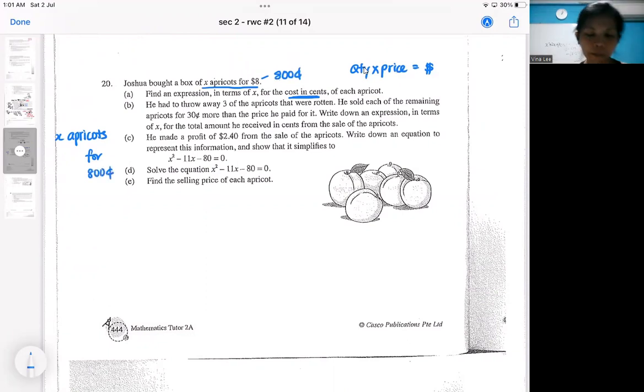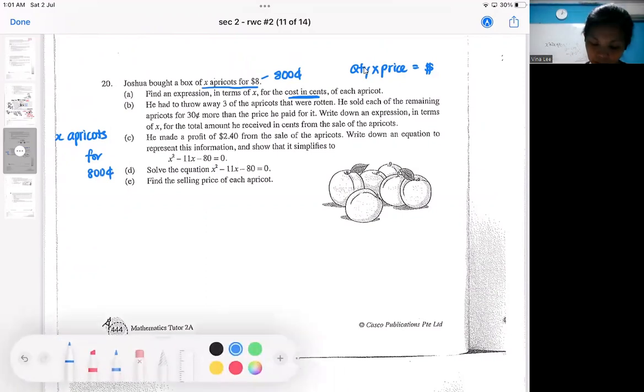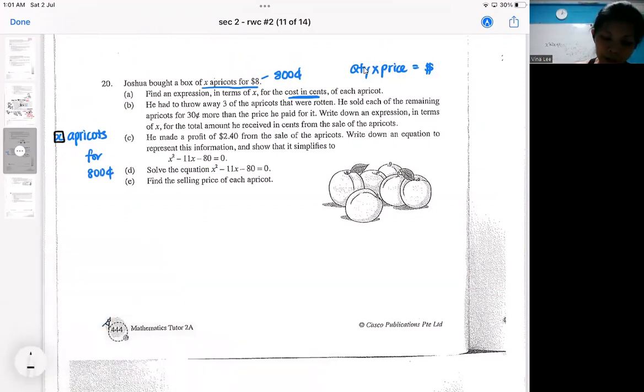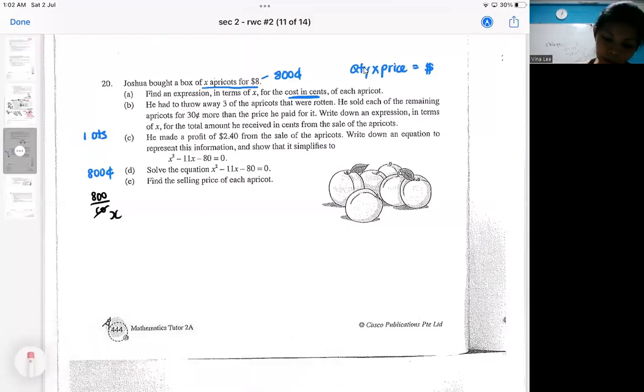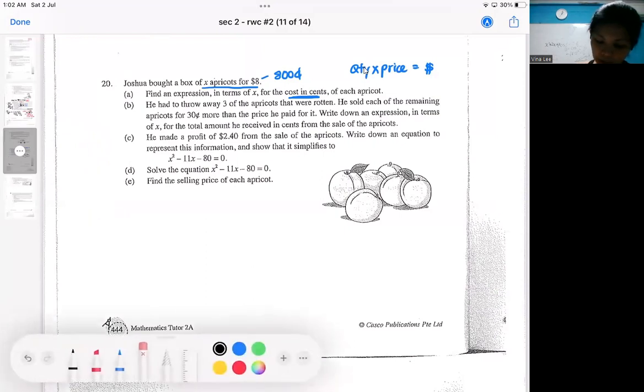If you couldn't process what it is for one apricot, you can try thinking about a number. For example, 10 apricots for 800 cents. Obviously one apricot is 800 divided by 10. So you change that 10 to X. The cost of one apricot will be 800 over X cents.